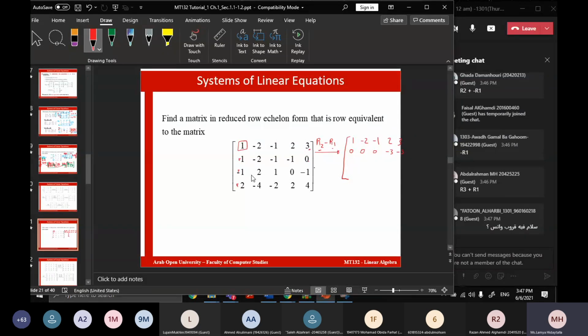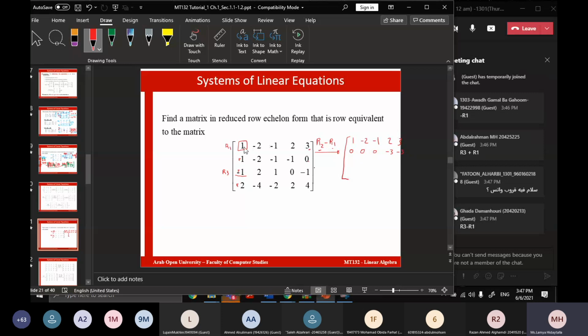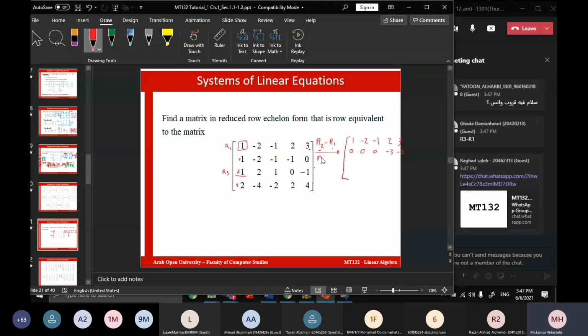Okay. Now what else do I want to change? I want to change R3, also using R1. So I can do it in the same step. How can I make this one 0? We add them. Yes. So I will change R3. My new R3 is equal to the old R3 plus R1.